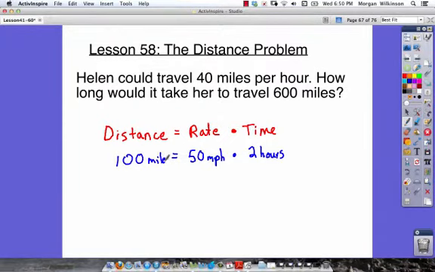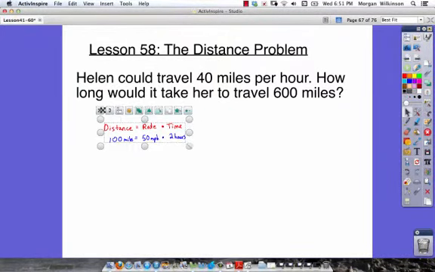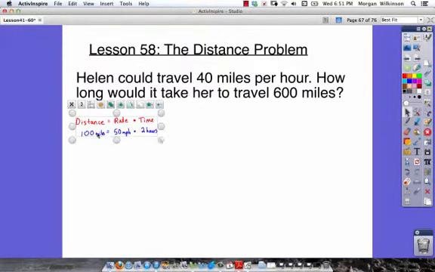Now we can use this formula, distance equals rate times time, to solve a problem like we have here. Let's go ahead and do that. I'm going to take this formula and make it a little smaller so we can work with it on the side. Distance is equal to rate times time, and we've got our one example. Now it said Helen could travel 40 miles per hour. That's our rate. A rate is just like a speed.